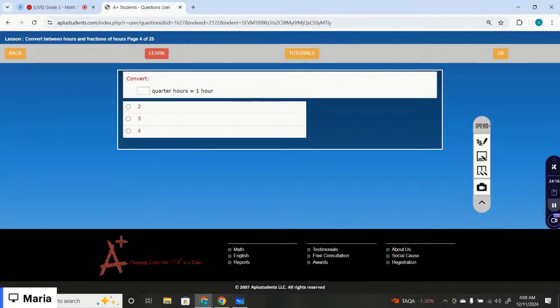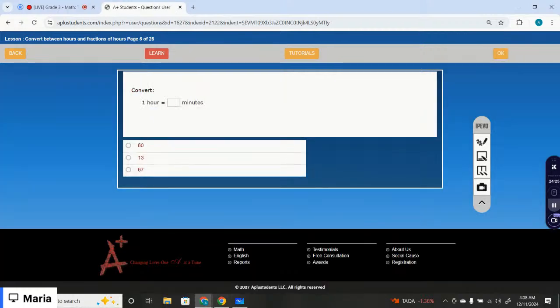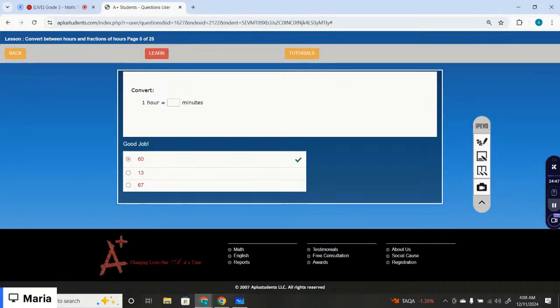The correct option is 4. 1 hour equal how many minutes? 1 hour equals 60 minutes. The correct option is 60.